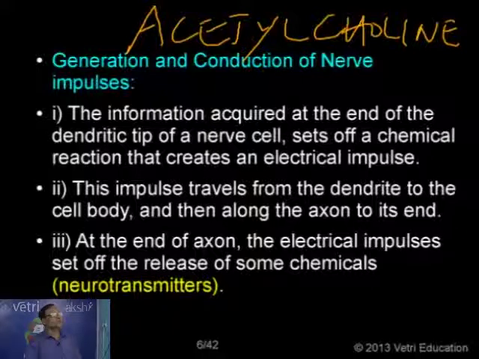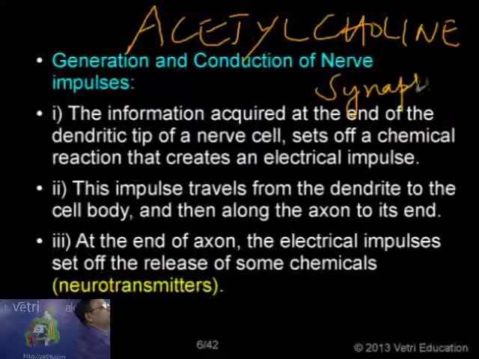The junction between the dendron of one neuron and the axon of another neuron is called the synapse. So the synapse is nothing but a junction between the dendron of one neuron and the axon of another neuron.